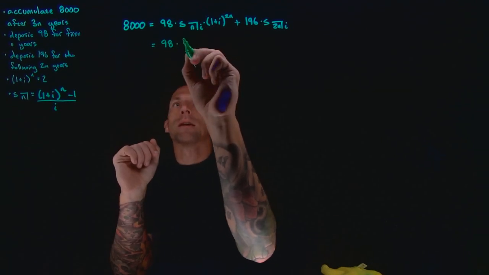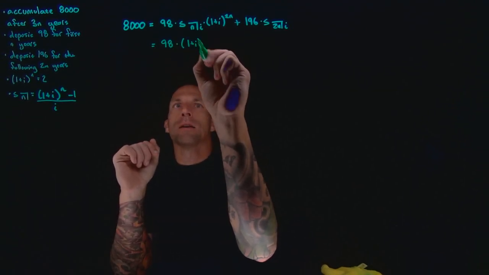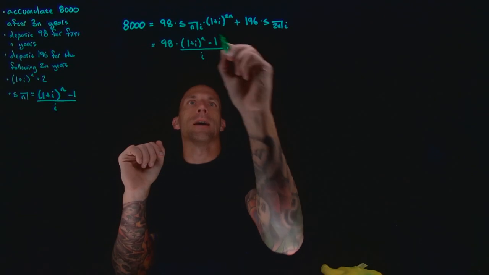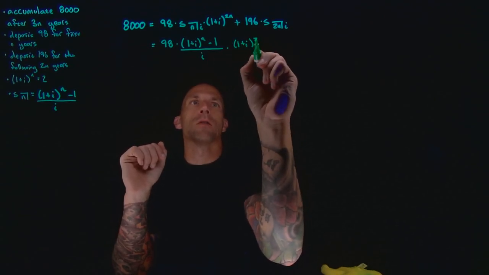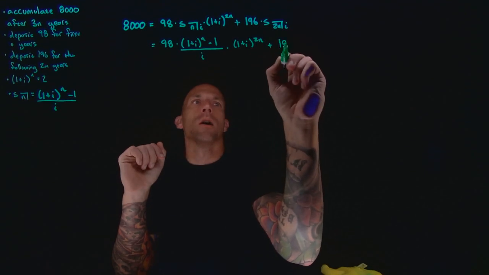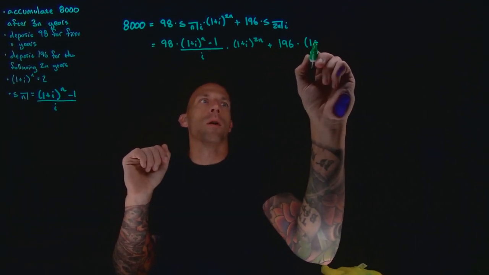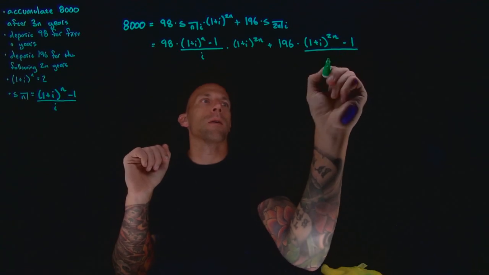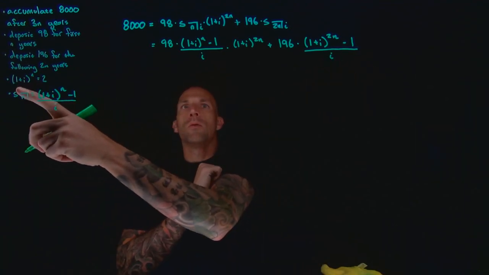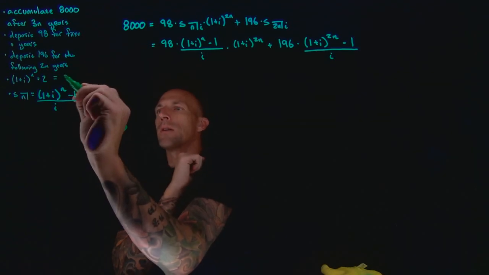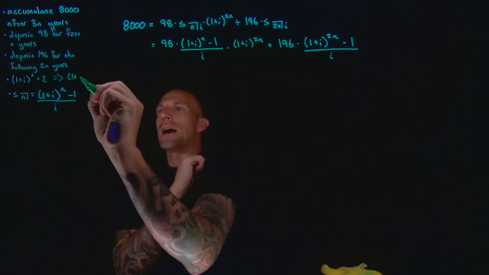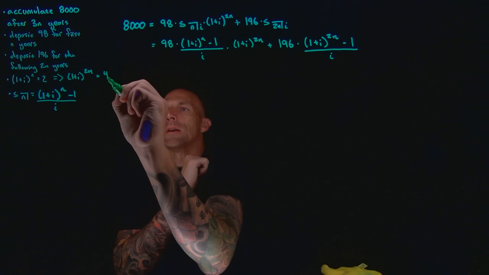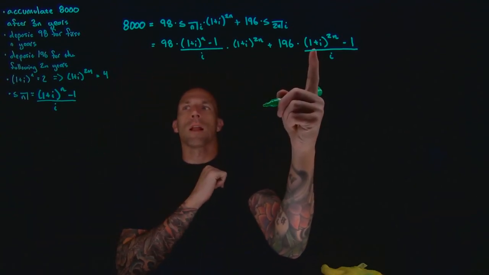So we have 98 times 1 plus I to the n minus 1 over I, times 1 plus I to the 2n, plus 196 times 1 plus I to the 2n minus 1 over I. And we can do a substitution directly here, and we can also see that if I square both sides of this little given statement here, I've got another substitution that I can do.